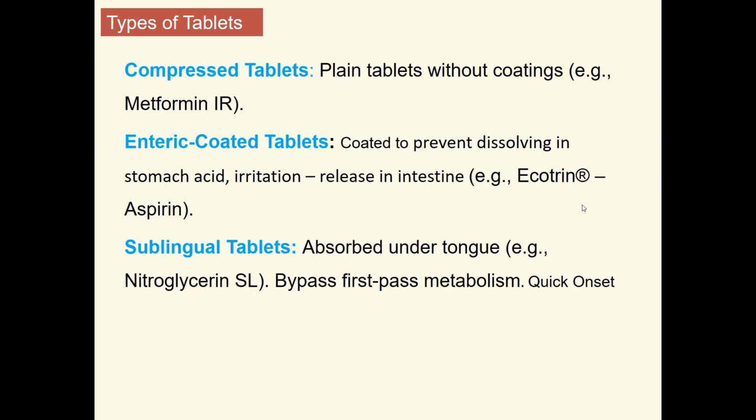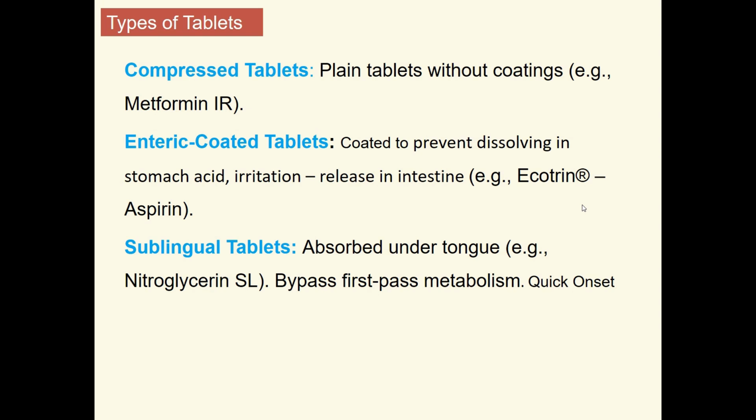Sublingual tablets are absorbed under the tongue. For example, nitroglycerin sublingual. Sublingual tablets bypass first-pass metabolism. That means they do not get metabolized in the liver before being distributed into blood circulation.